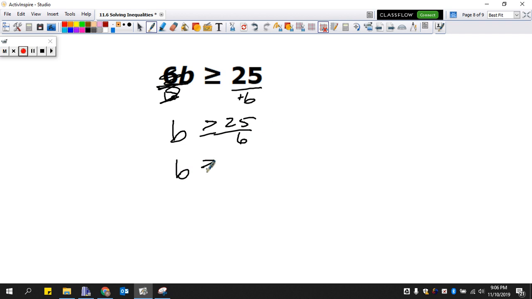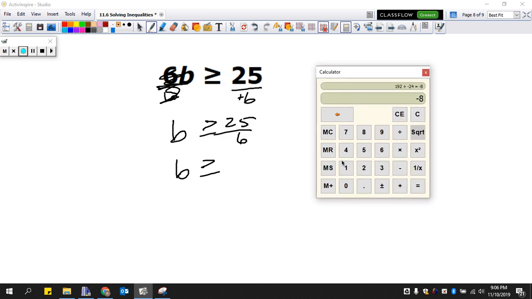We use our calculators: 25 divided by 6 is 4.16 repeating. I'm just going to say 4.2, or it could be 4.17, if you need to round it off to one or two decimal places. I usually specify which one I want you to do.